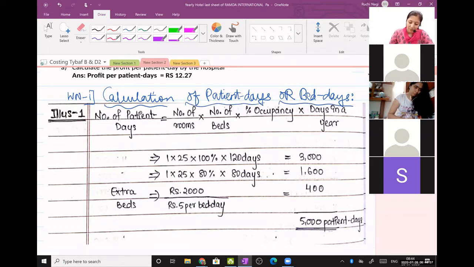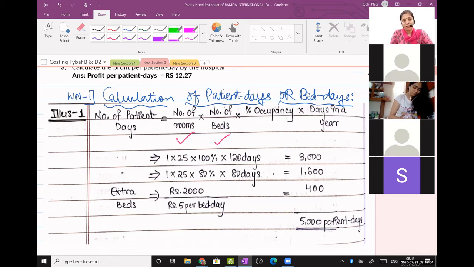Formula says number of rooms in the hospital. How we have in hotel, number of rooms in the hotel. So number of rooms in the hospital, number of beds. The second element is number of beds in a room.